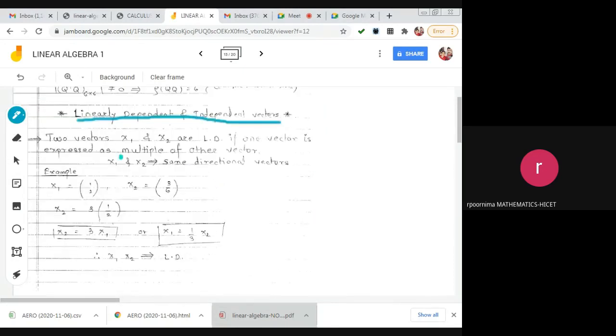Two vectors x1 and x2 are linearly dependent if one vector is expressed as a multiple of the other vector, that is, x1 and x2 are in the same direction. Example: x1 is 1, 2 and x2 is the column vector 3, 6. Here x2 is 3 times x1, so it can be written as a multiple of the other vector. So it is called a linearly dependent vector.